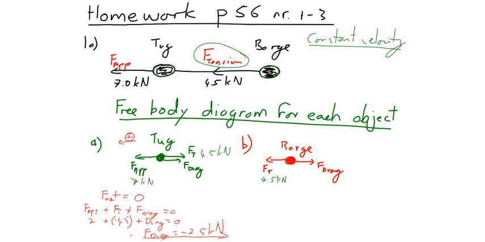We do exactly the same for the barge. Right, so if we look at the barge, we do again that my F net is equal to 0. My forces must balance out. So we can say Ft plus drag is 0, if this is 4.5 kilonewton plus what is my drag force?